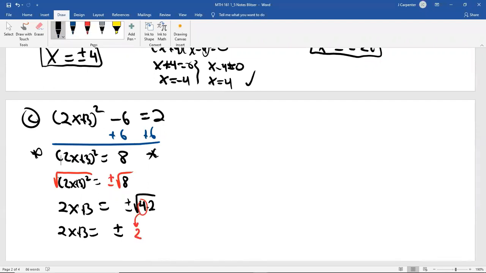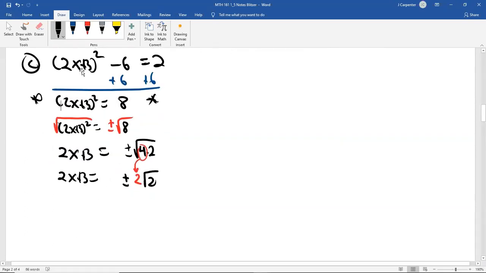But the plus or minus has to be in front of that 2. So leave this space, plus or minus 2, and then square root of 2. So this black 2 is still inside because we don't know its square root, but we know the square root of 4, it's 2, so it's out there. It's not in front of the plus or minus, it has to be after to make sure it's a product.